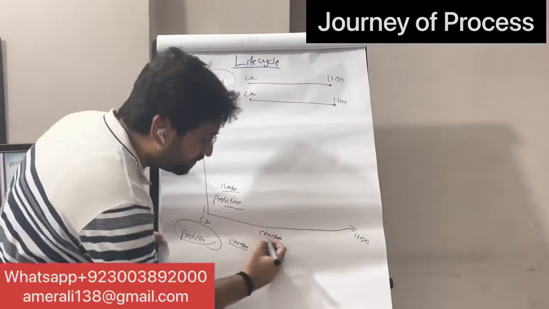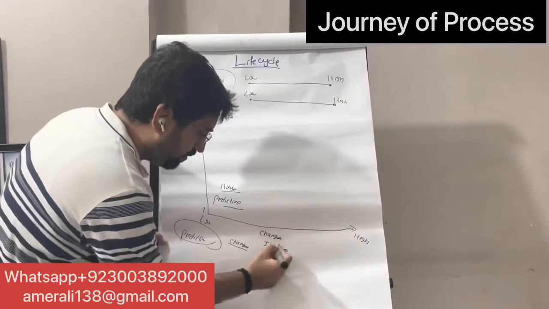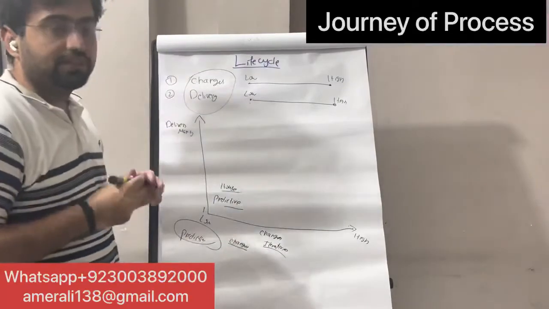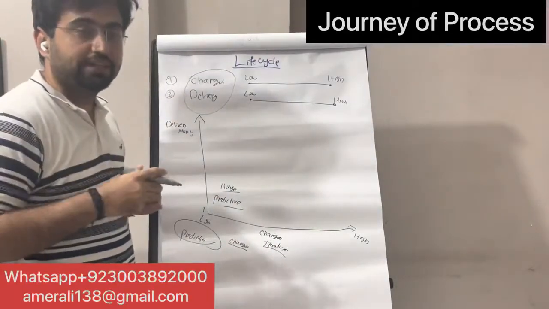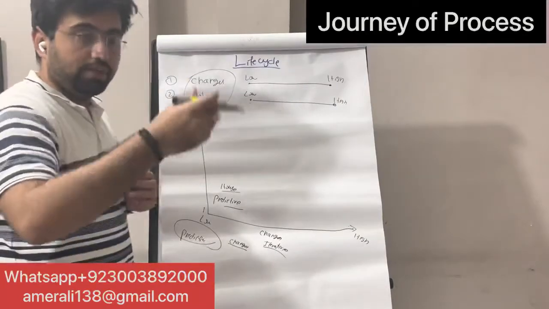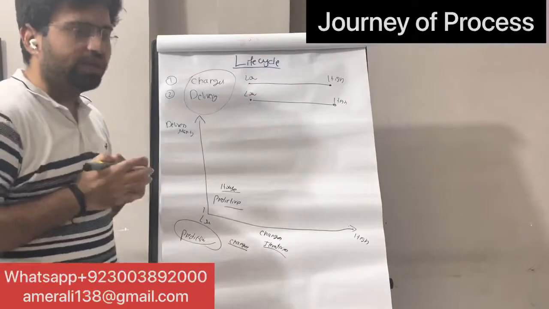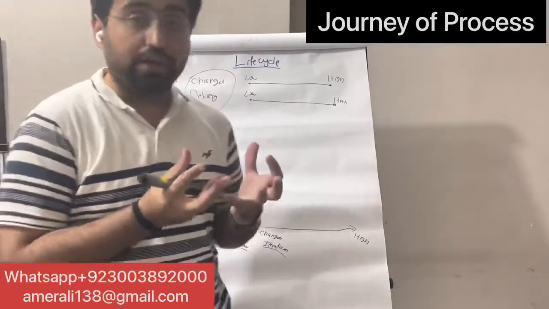Let's look at iterative. In the iterative cycle, how do we work basically? We are producing things in repetition. Let's say we are making a prototype of a car.